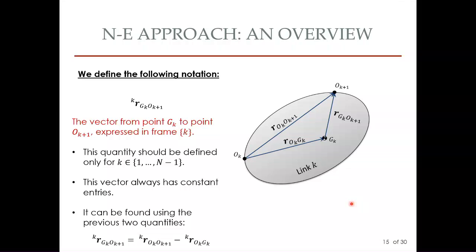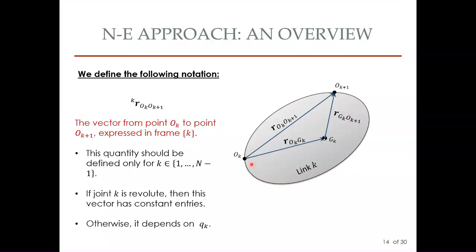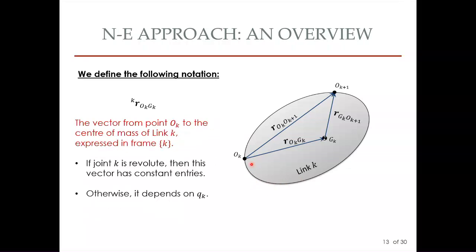And I just wanted you to notice that this vector from here to here is always a constant, because point OK plus 1 is fixed relative to link K, whereas point OK could be not fixed if it's a prismatic joint.